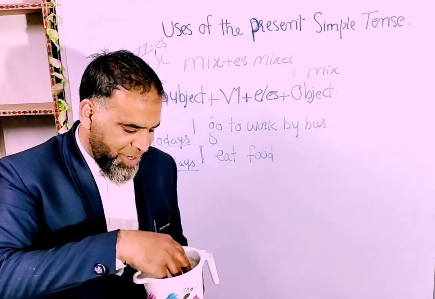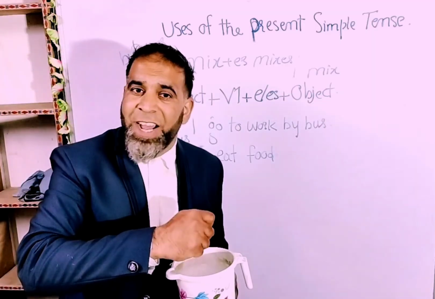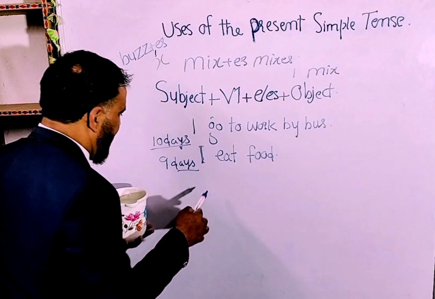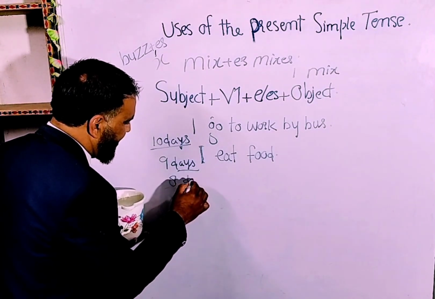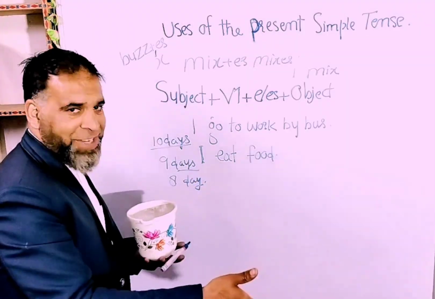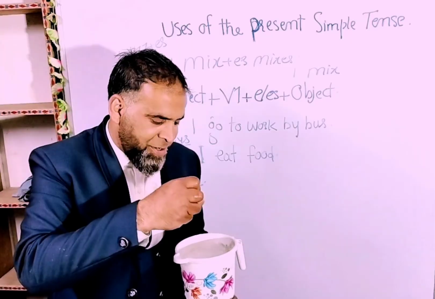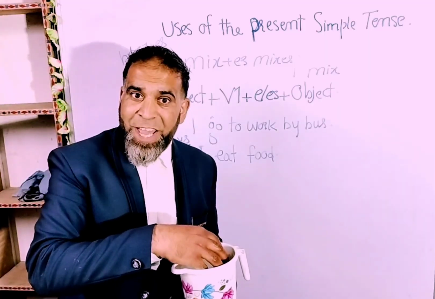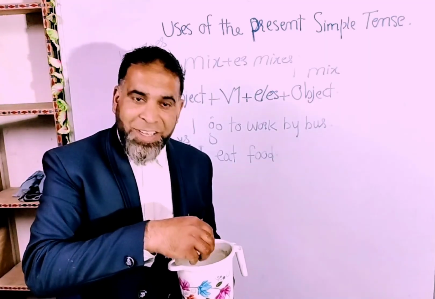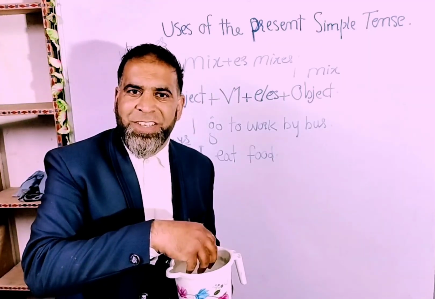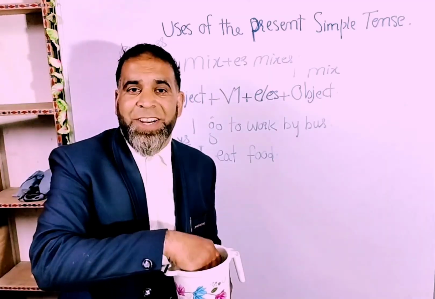At 4 p.m. I washed my hands again. And after school, 8 days ago. So that means I am moving to the present. Now you see, I came from school at 4 p.m. I again did this action. I washed my hand again.